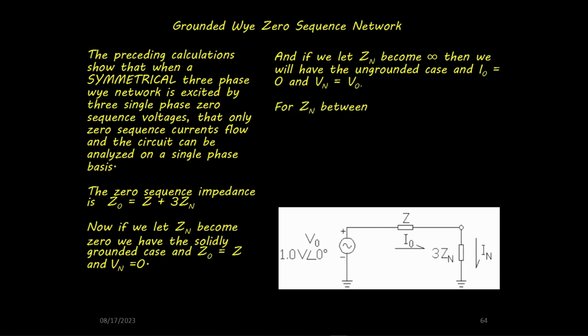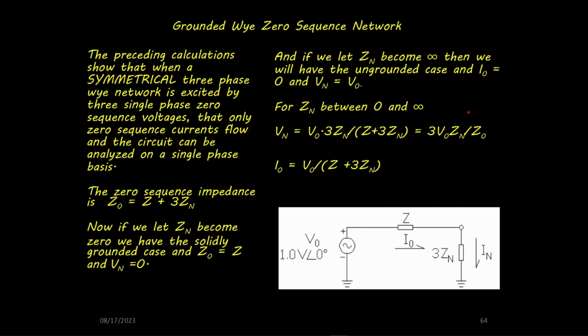For Zn between 0 and infinity, Vn equals V0 times 3 Zn divided by (Z plus 3 Zn), which is equal to 3 times V0 times Zn divided by Z0. I0 equals V0 divided by (Z plus 3 Zn).